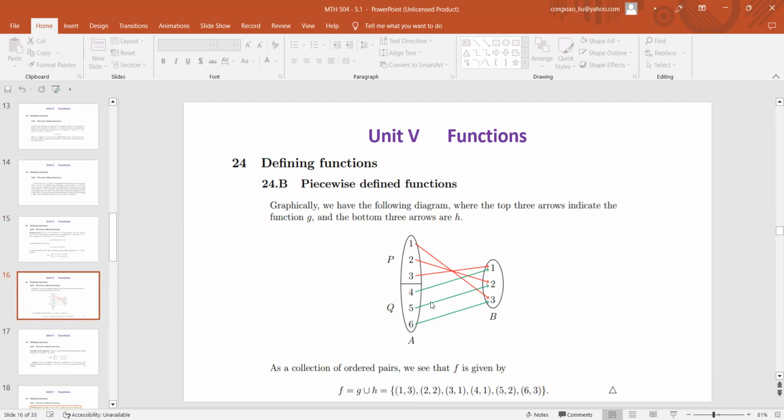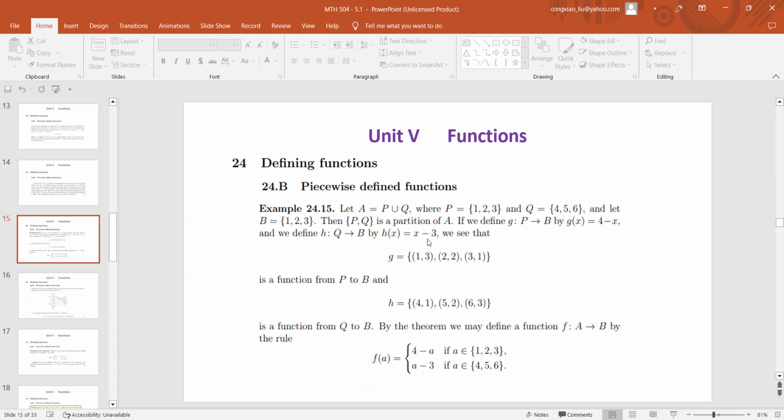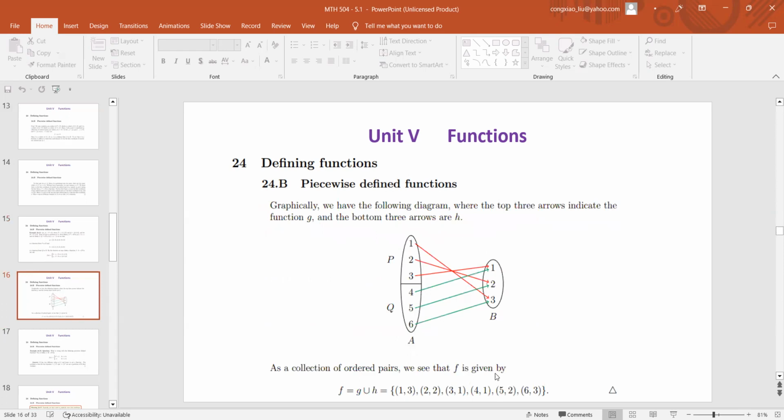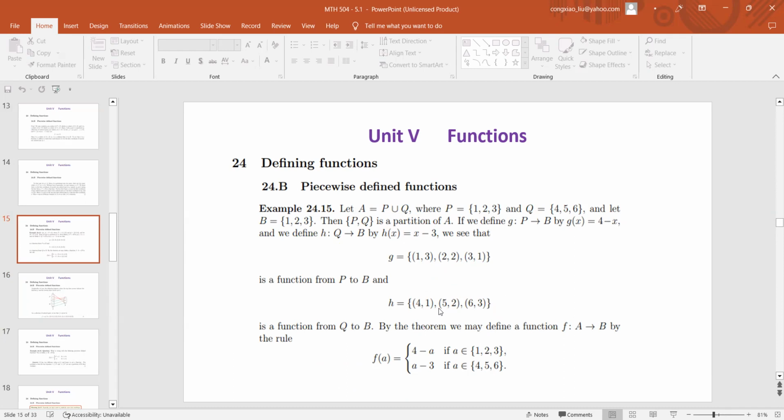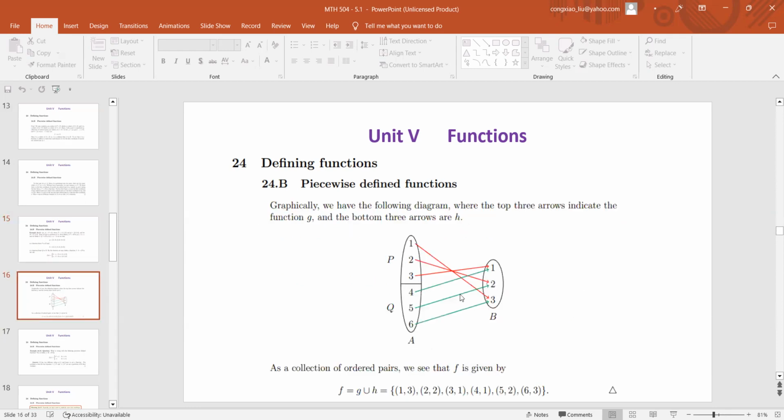And the other function H from Q to B is defined by the formula, 4 minus x, I believe. X minus 3, I'm sorry. X minus 3. All the pairs we already wrote here: 4, 1, 5, 2, 6, 3. 4 maps to 1, 5 maps to 2, 6 maps to 3.